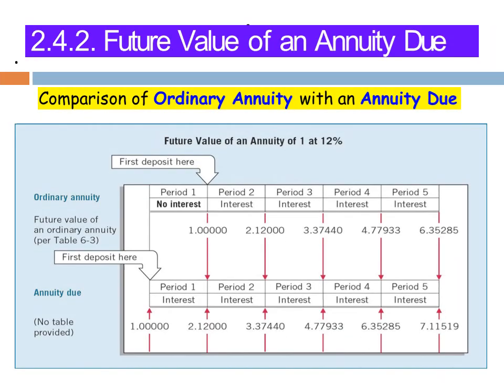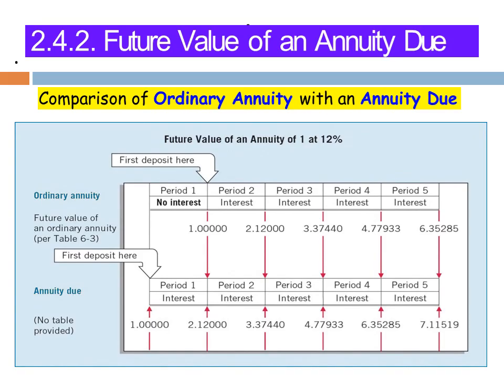Comparison of ordinary annuity with annuity due. When we compare both, at first there is no payment at the start for an ordinary annuity, but for an annuity due there is a payment at the beginning. For an ordinary annuity, it is at the end. Look how they are different.